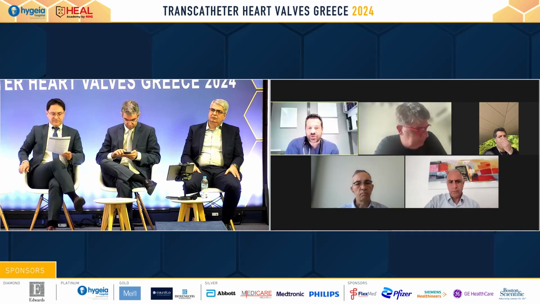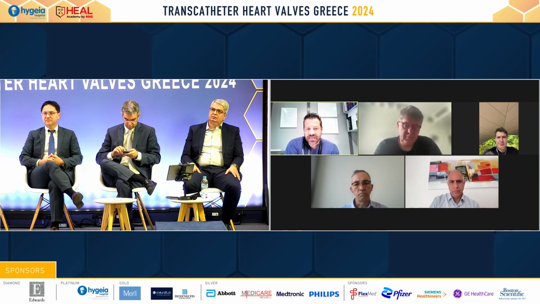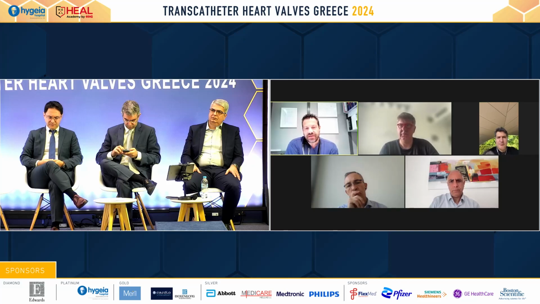I would like to make a short comment following Professor Sardari's lecture. According to guidelines, we have an indication of 2A for transcatheter edge-to-edge repair in functional mitral regurgitation patients, but only for patients that are not suitable for surgery or are at high risk.